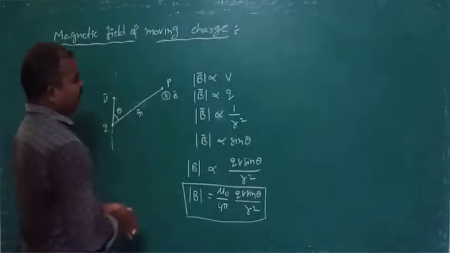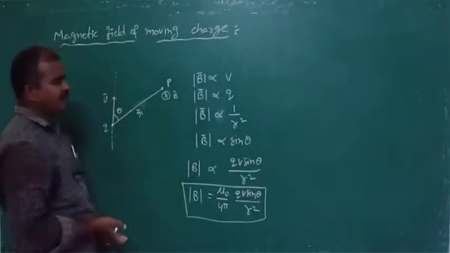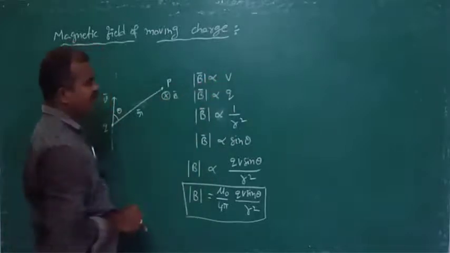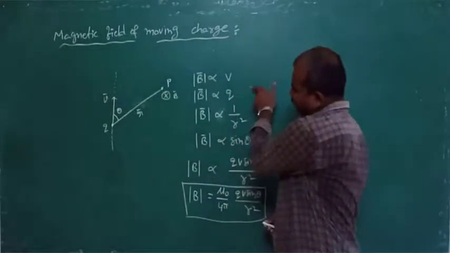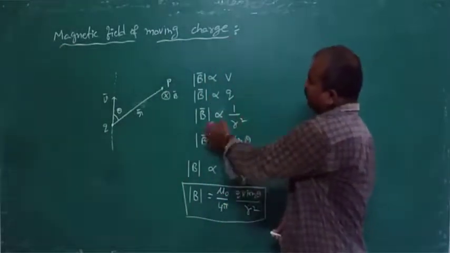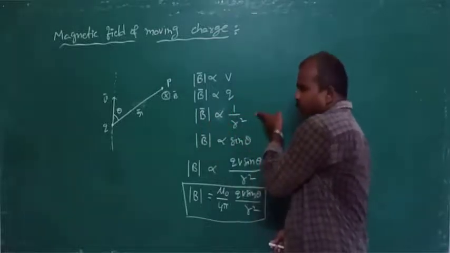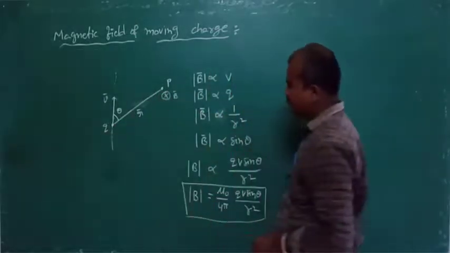According to experiment, the magnetic field depends upon these factors. The magnitude of the magnetic field is directly proportional to velocity, directly proportional to q, the charge, and inversely proportional to the square of the distance between point P and the point charge.